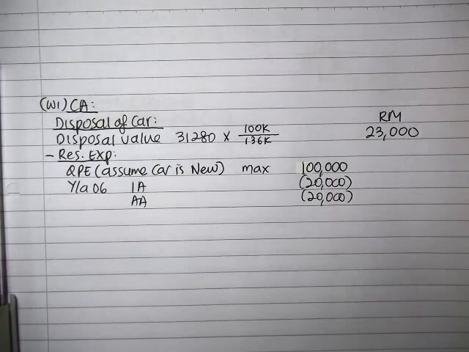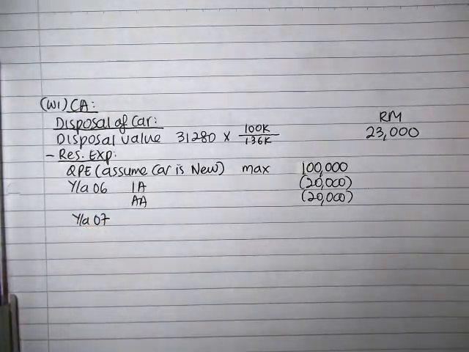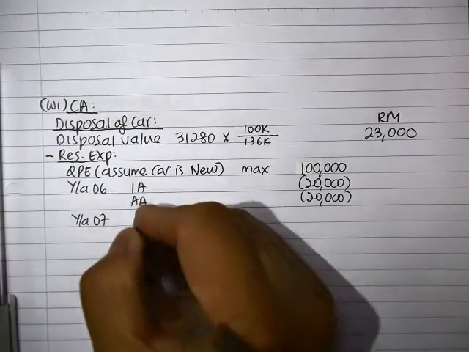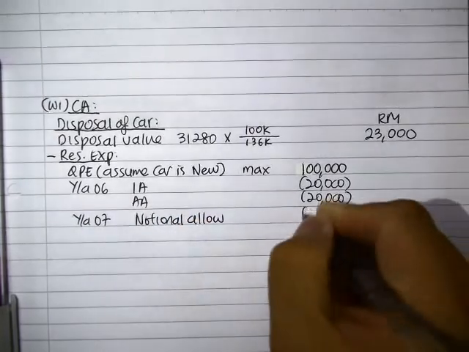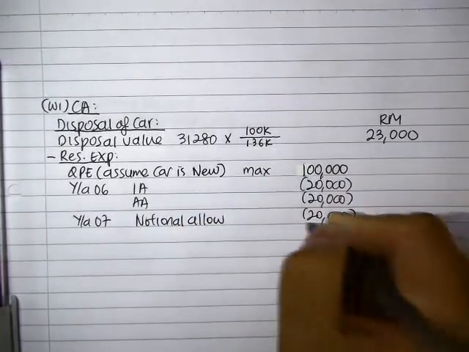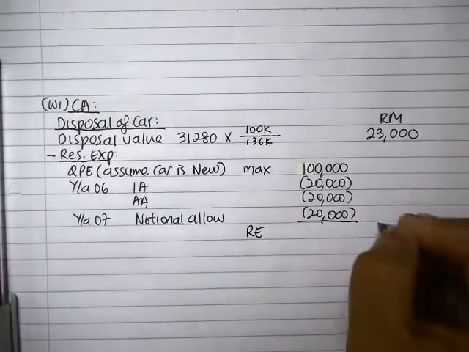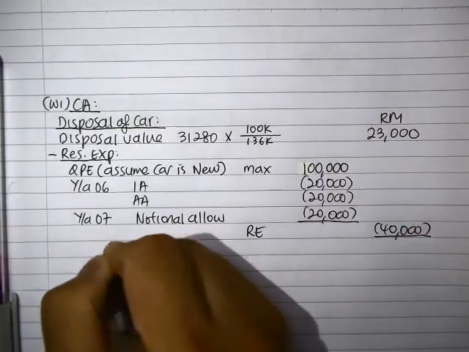So this is the issue with CA for Y06. Now Y07, they say they did not claim allowance. Did not claim allowance, then do I need to show anything? Notional. Now Y2008 you dispose. So the RE is 40,000. So we have a balancing what?